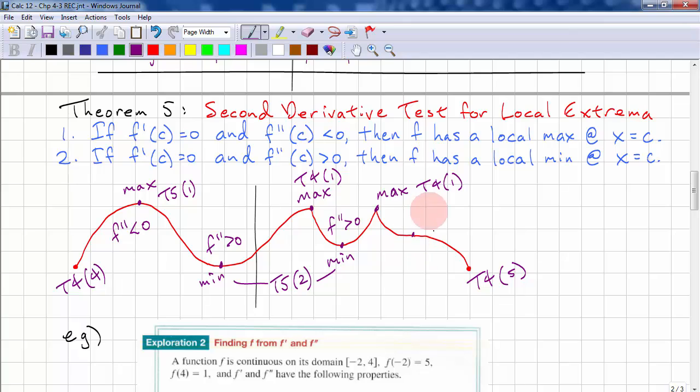Here we have f prime and f double prime equal to 0. So there's no extrema. And if you want to give it a reason, this is Theorem 4, Part 3. The derivative does not change sign, so it's negative on the left, negative on the right.